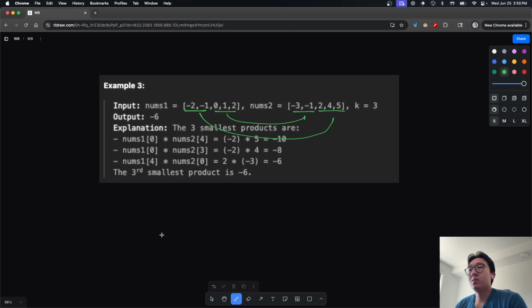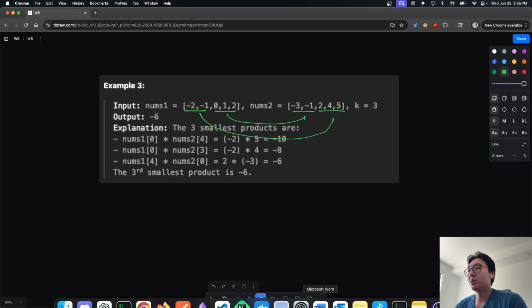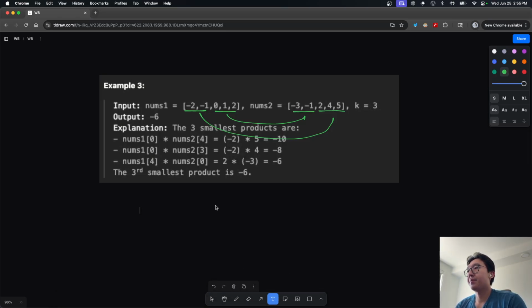So it's going to be -4, -8, -10. Let me actually write this down. In this case, we're going to have -4, -8, and -10. And then on the other side, it's positive.